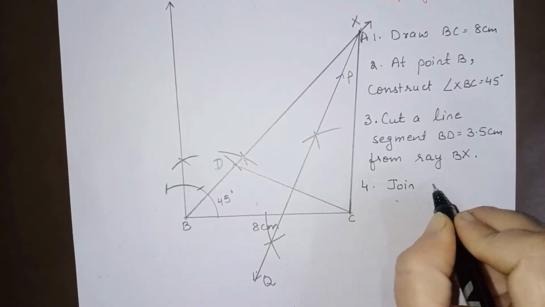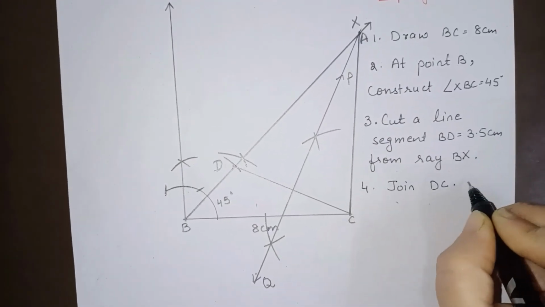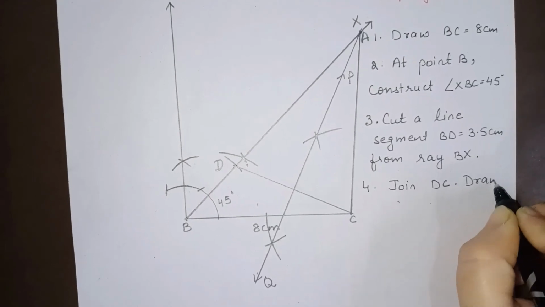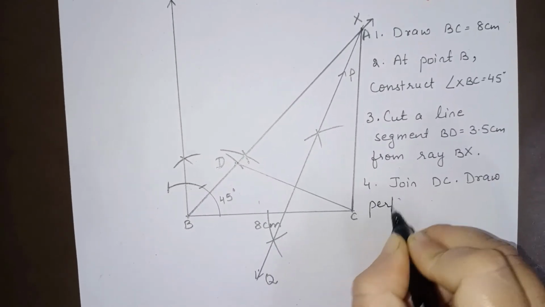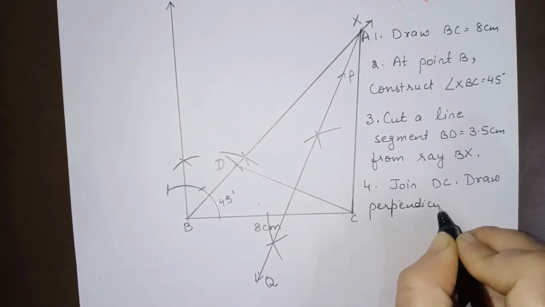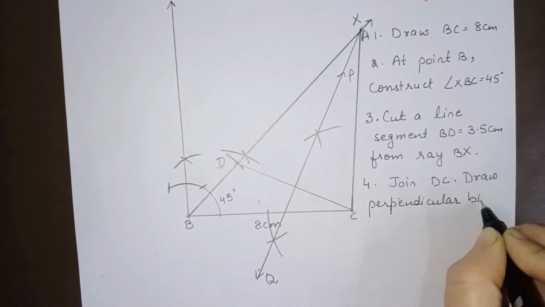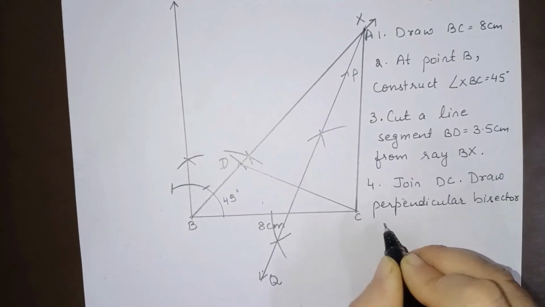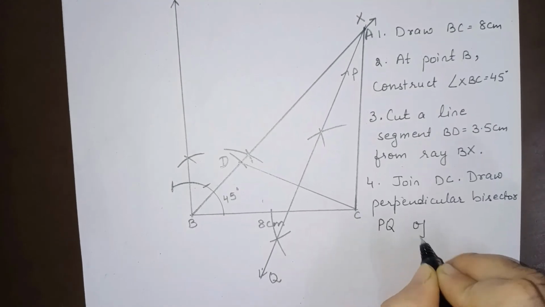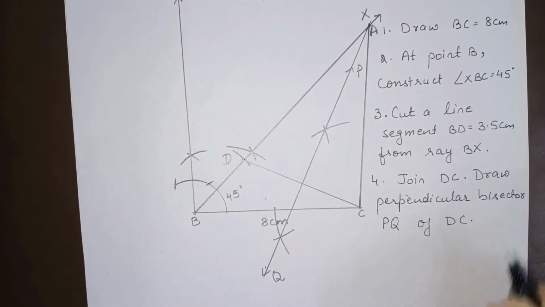Fourth, join DC. Draw perpendicular bisector PQ of DC.